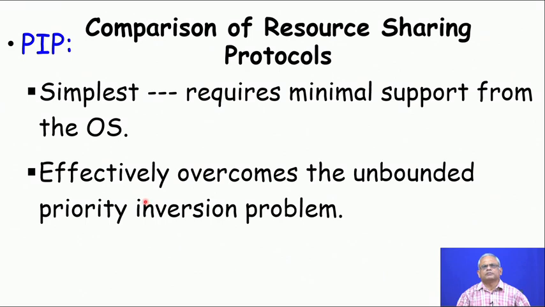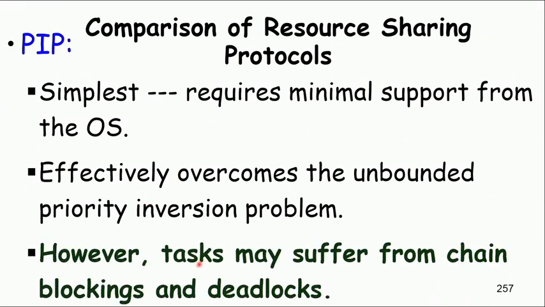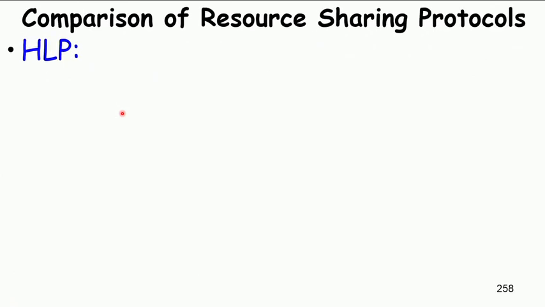It overcomes the unbounded priority inversion, but then it suffers from chain blocking and deadlocks, and we need to program carefully so that chain blocking and deadlocks will not arise. So, the priority inheritance protocol is used for small applications.